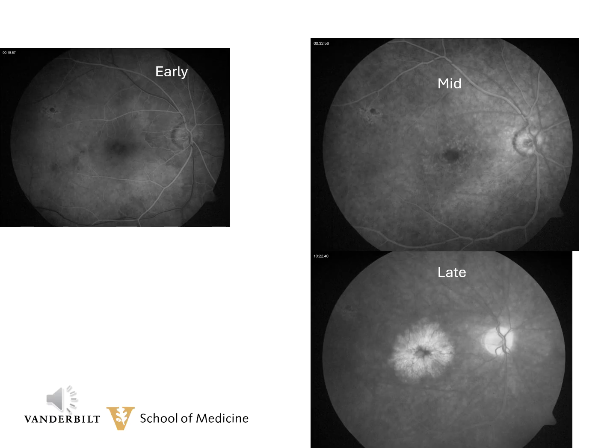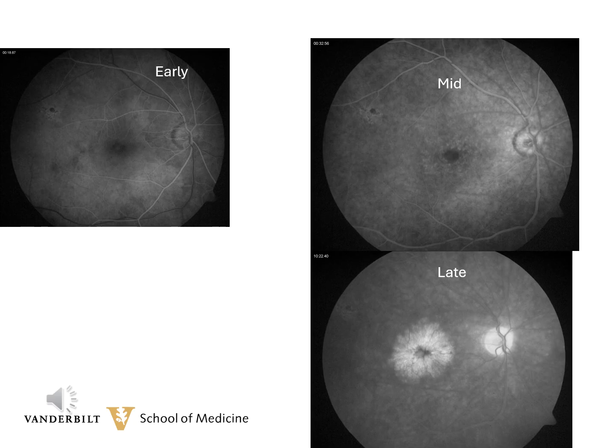In the midphase, however, you can now start to see some hyperfluorescence for 360 degrees around the fovea. And in the late phase, this fluorescence is even more hyperfluorescent than the mid phase or the early phase. So it starts out with little, gets more, and in the late phase, even more so. Also note that the optic nerve is also hyperfluorescent.